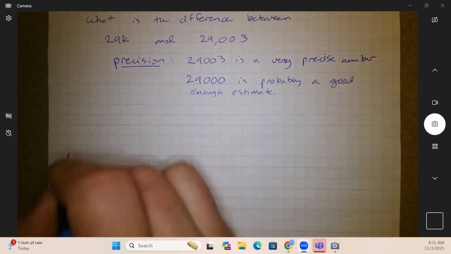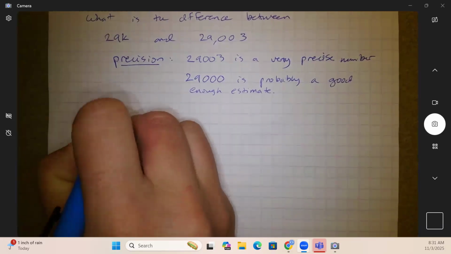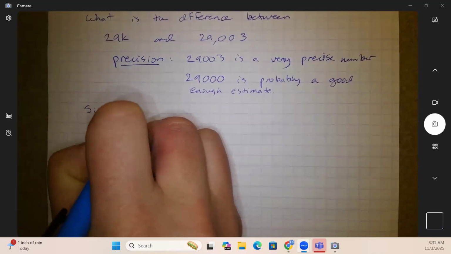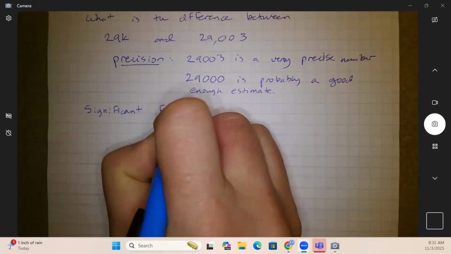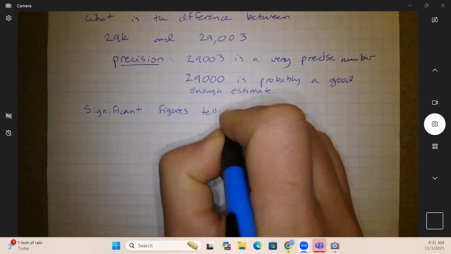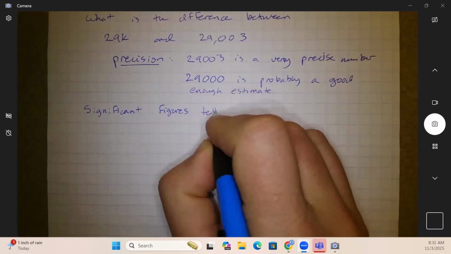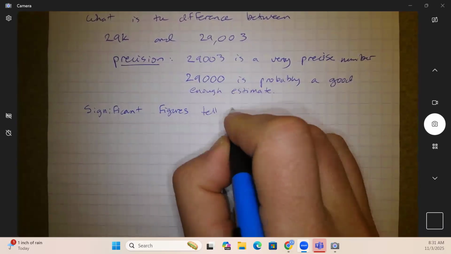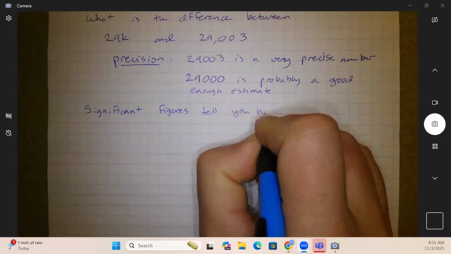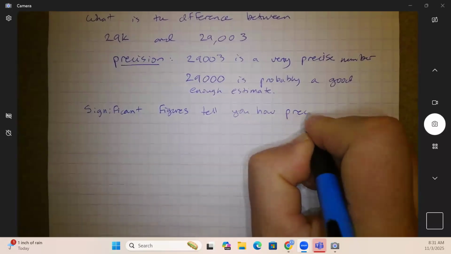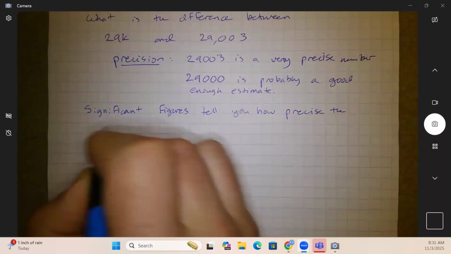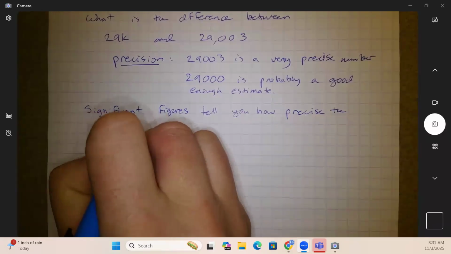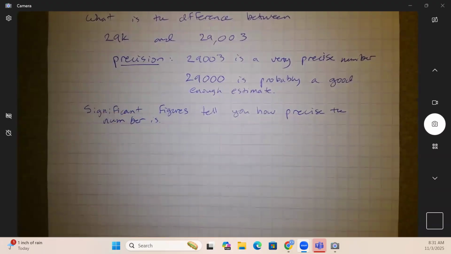So significant figures, the number of significant figures tell you how precise the number is.